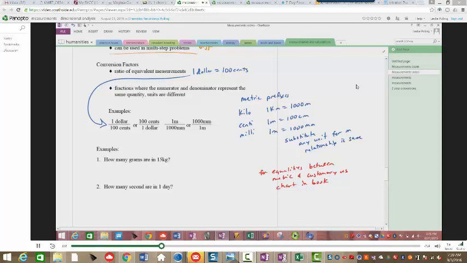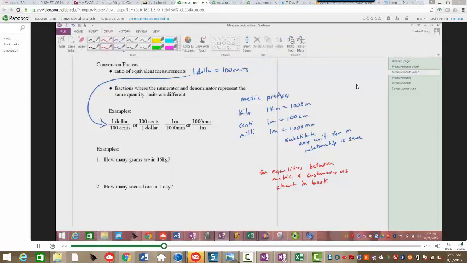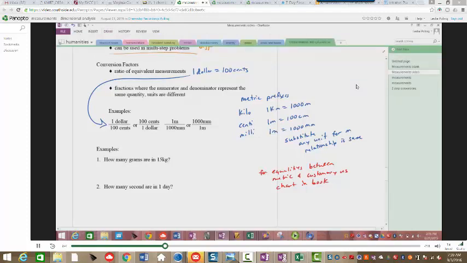So let's do an example here. The first thing you need to do is read the problem and figure out what you are given. So 15 kilograms. You also need to figure out what you want and put that unit that you want over on the right.